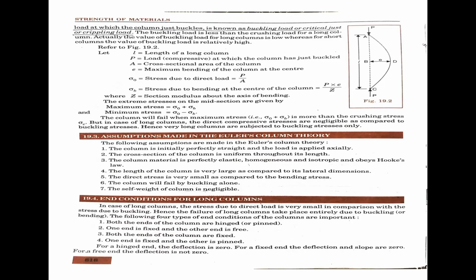Next, another topic: end conditions for long columns. I already explained the supports in the column. Now again I explain end conditions for long columns. In the case of a long column, the stress due to direct load is very small in comparison with the stresses due to buckling.